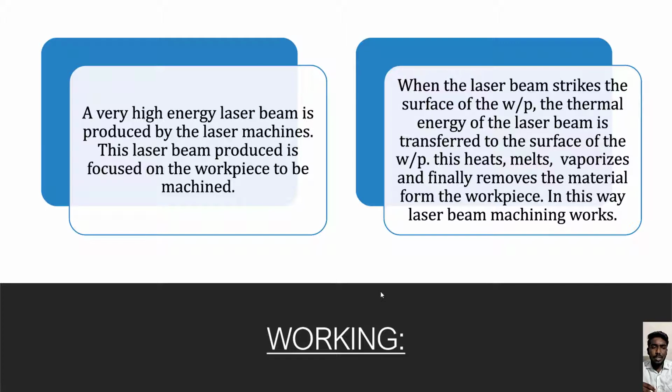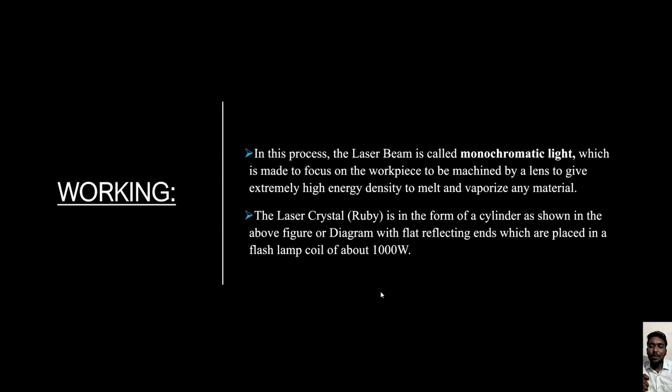Next, the working. Very high energy beams are produced in these laser machines. The high energy laser beams are made to focus on the workpiece with the help of the lens. In this process, the laser beam is monochromatic light. Monochromatic light is nothing but light of a single color, which means the photons are excited through the atom.